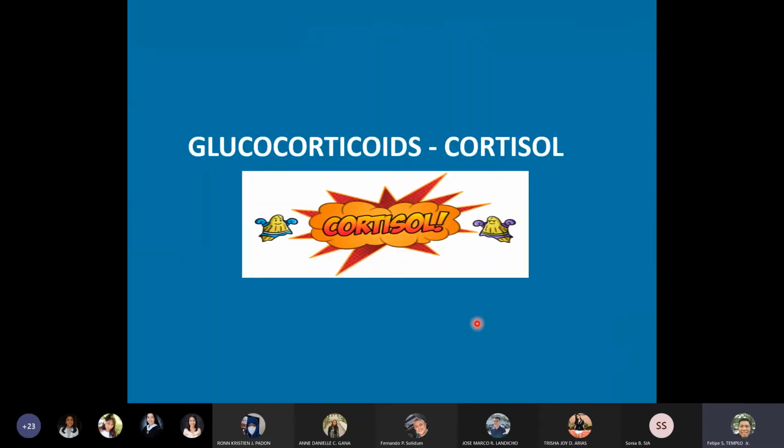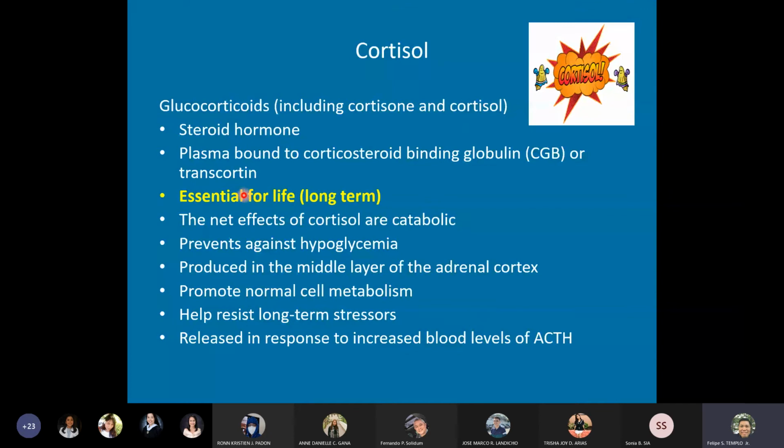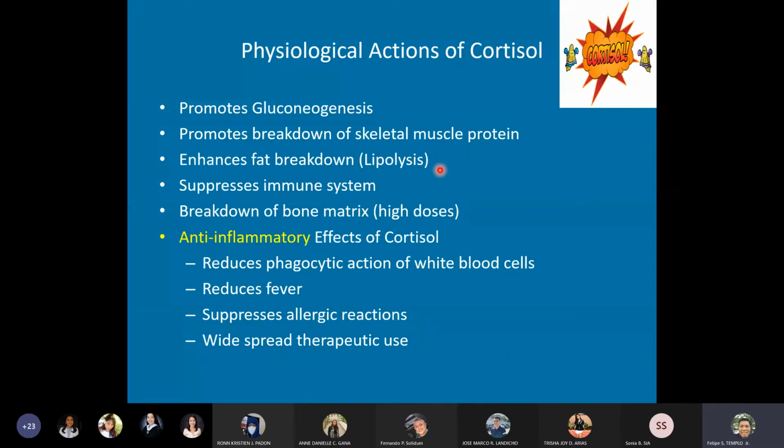Okay. Let's go to cortisol. Now this is essential for life because it has a lot of long-term effects. It prevents hypoglycemia, helps resist long-term stressors, and all of this. Now, as I mentioned, I've already discussed this. Another important effect of your cortisol is its anti-inflammatory effect.